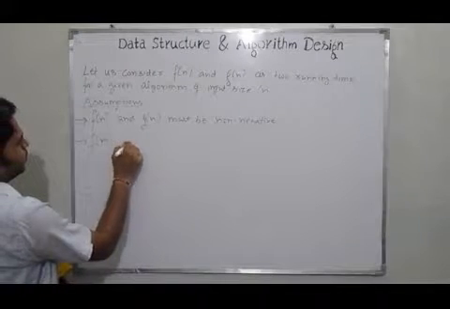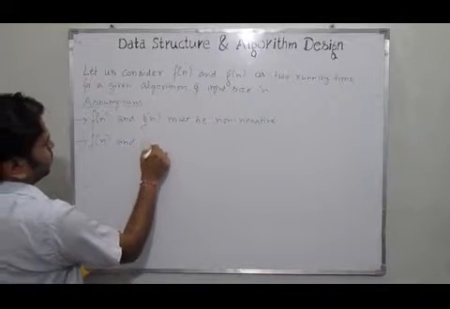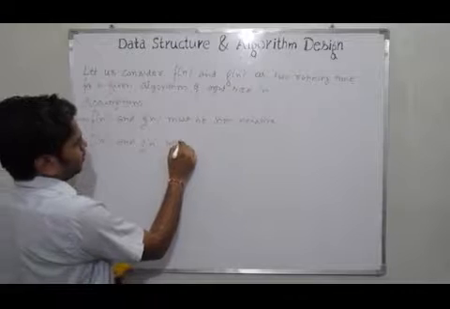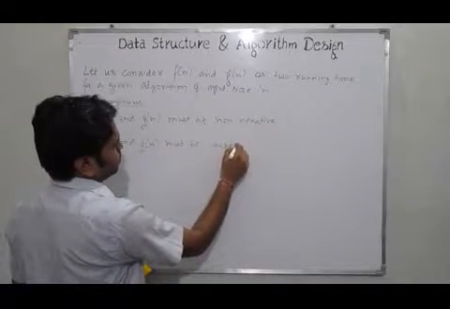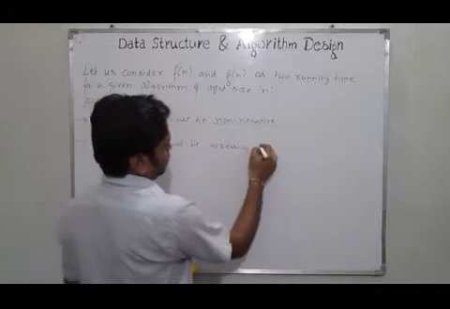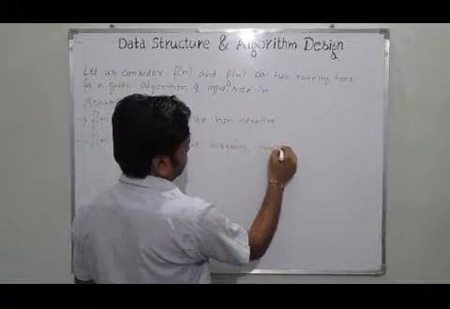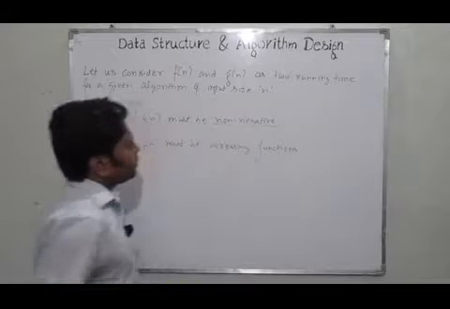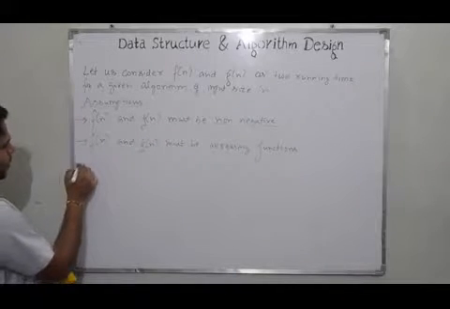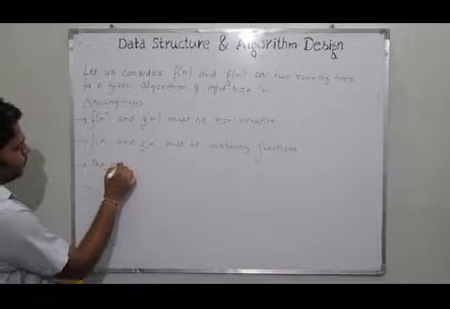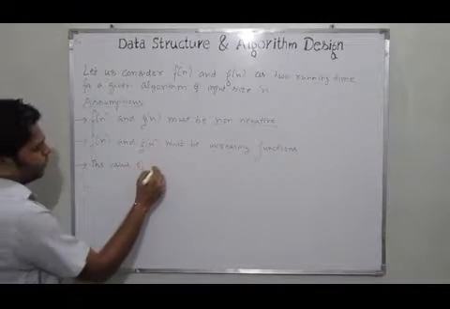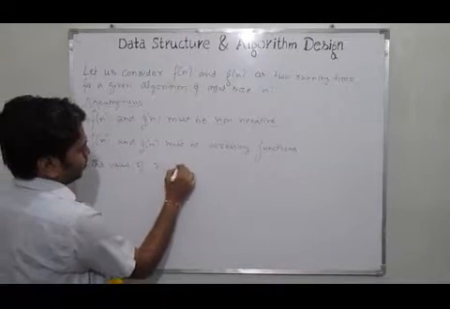Number two, Fn and Gn must be increasing functions. And number three, the value of n must be large.